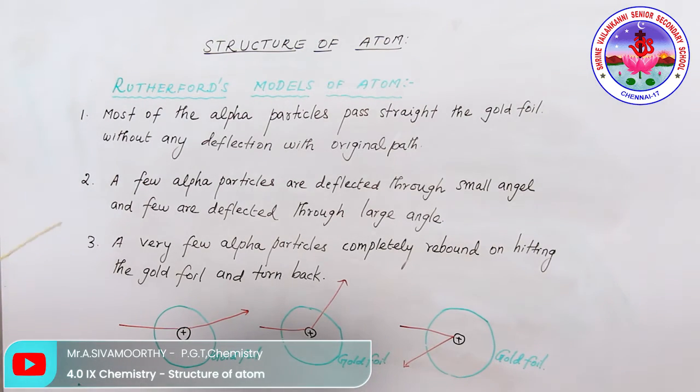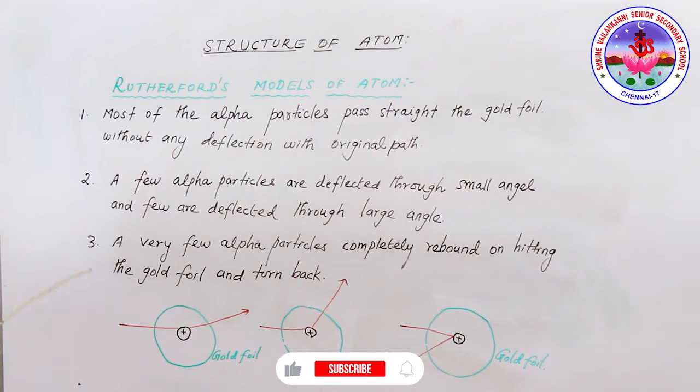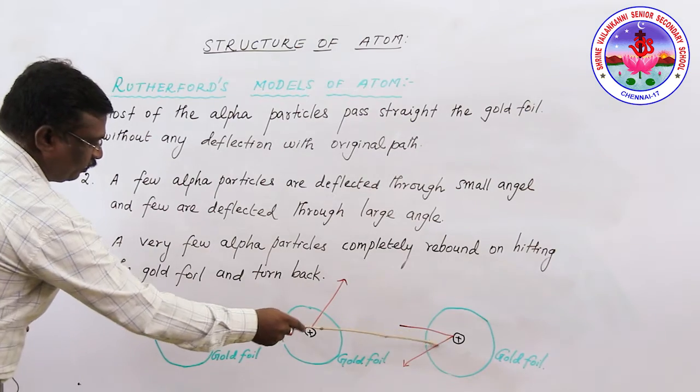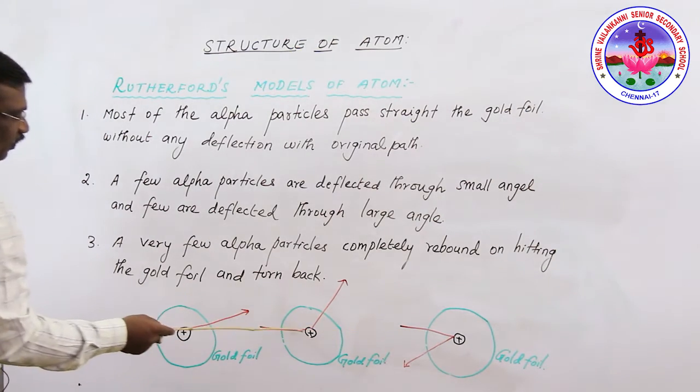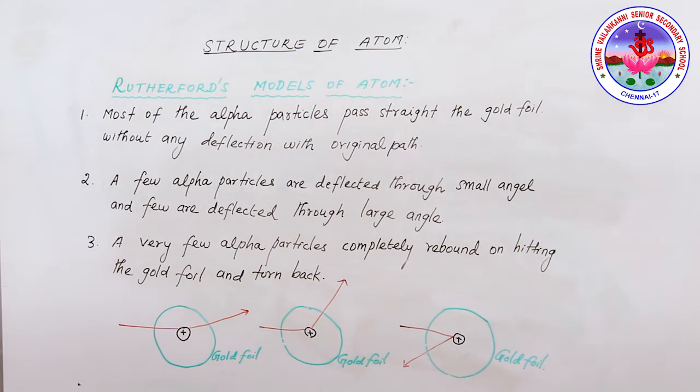Correct? A few alpha particles completely rebound, hit the gold foil and turn back. See the third picture, there is a complete turn. When it touches the nucleus, it is completely turned back. So different angles of deflection are produced by the gold foil on the alpha particles.